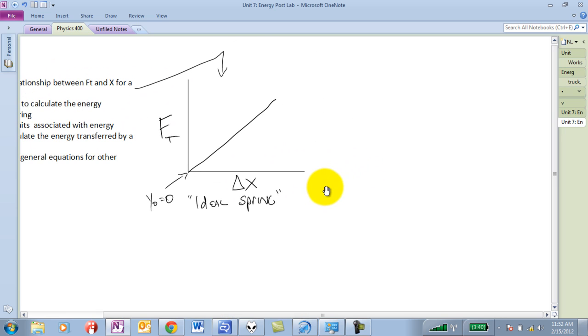The next thing that we talked about, we looked at yesterday, was the slope. If you remember correctly, the slope is what we are going to call the spring constant, K. K, again, refers to the spring constant. And with that, this is also known as, you could call it, the strength of the spring.